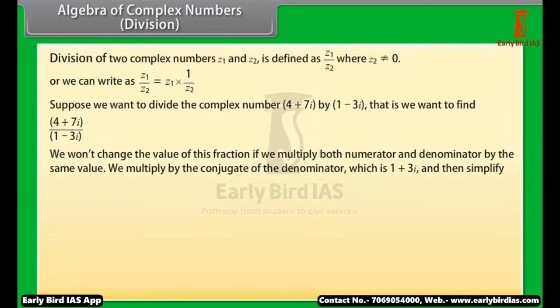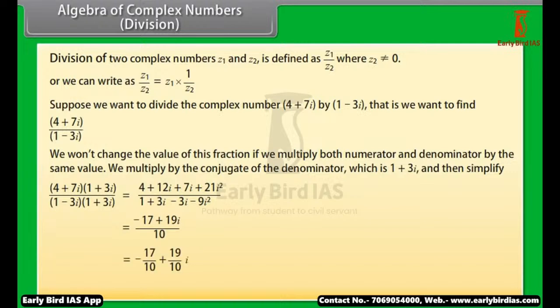We multiply by the conjugate of the denominator, which is 1 plus 3 iota, and then simplify. 4 plus 7 iota into 1 plus 3 iota divided by 1 minus 3 iota into 1 plus 3 iota is equal to 4 plus 12 iota plus 7 iota plus 21 iota square divided by 1 plus 3 iota minus 3 iota minus 9 iota square.